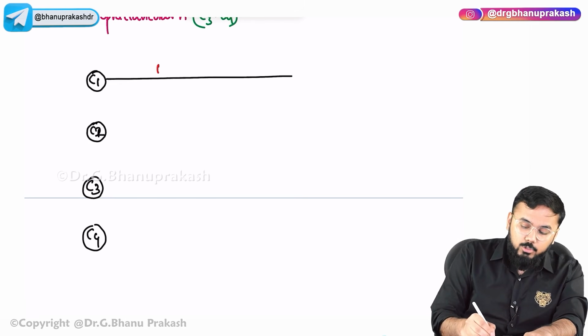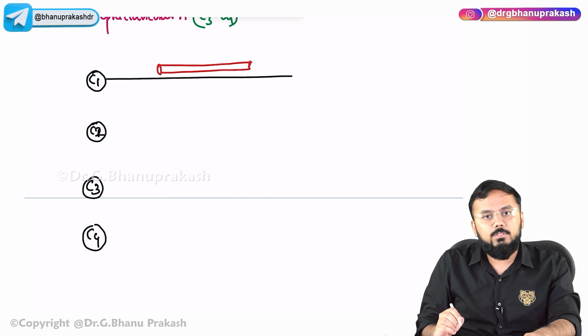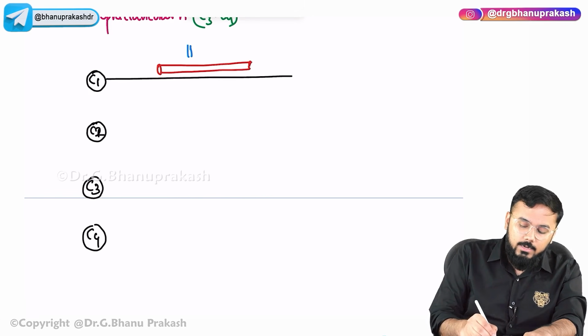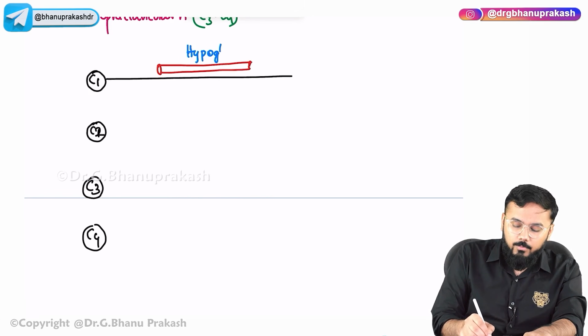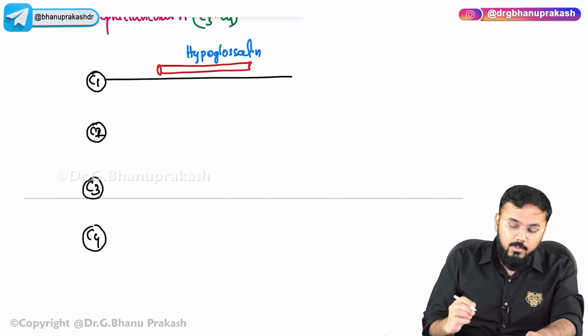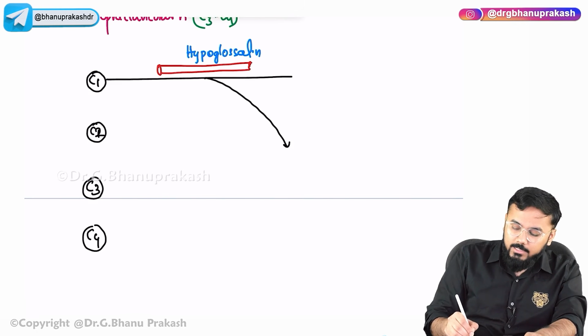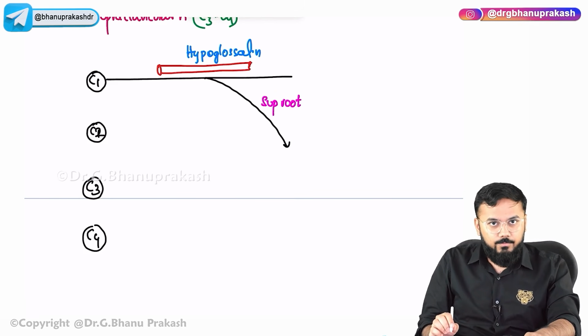This branch goes parallel to a nerve called the hypoglossal nerve. Along with that, it gives out another branch like this, called the superior root.